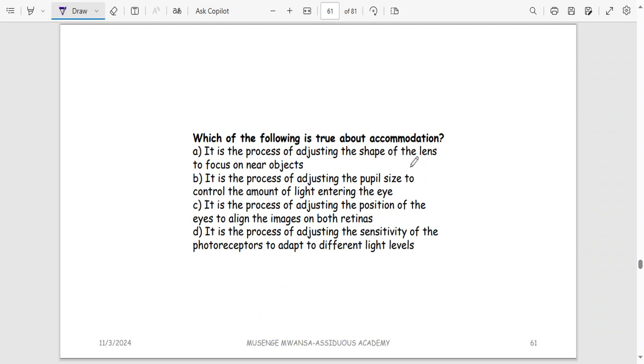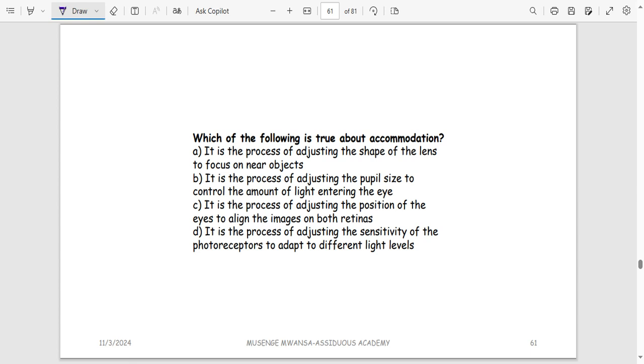Which of the following is true about accommodation? It is the process of adjusting the shape of the lens to focus on near objects. It's the process of adjusting the pupil size to control the amount of light entering the pupil. It is the process of adjusting the position of the eyes to align the image on both retinas.